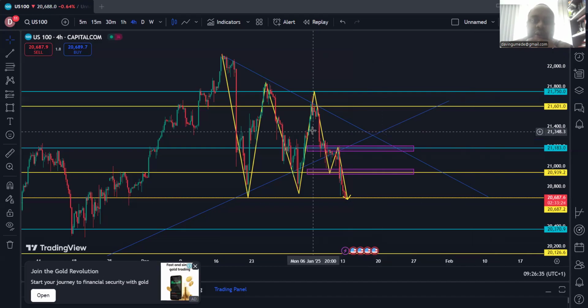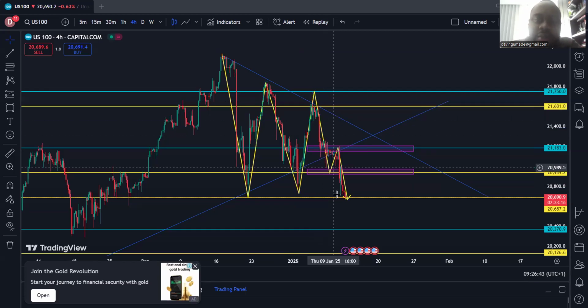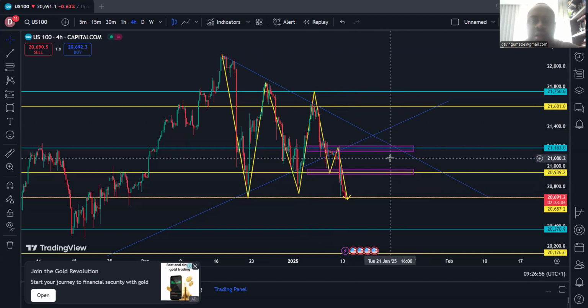We did see last week through my analysis some bullish momentum within Nasdaq, but it came back down and touched this respective zone, which is around 20,687.2. So these are two zones that I'm looking for within the markets, just to see that we do get a test.